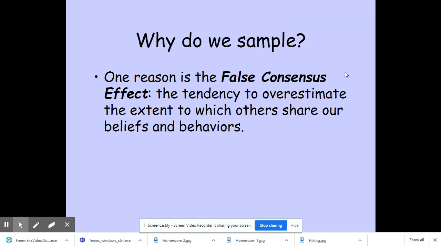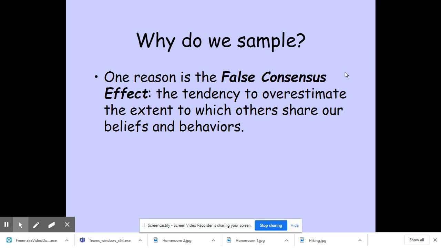And you come to the conclusion of, wow, everybody must love that movie. The problem with that is it's not random. You and all your friends have something in common. And so when we do something like that, we tend to overestimate the extent to which people share our beliefs. It's the idea of a false consensus, a false idea that everybody's on the same page.